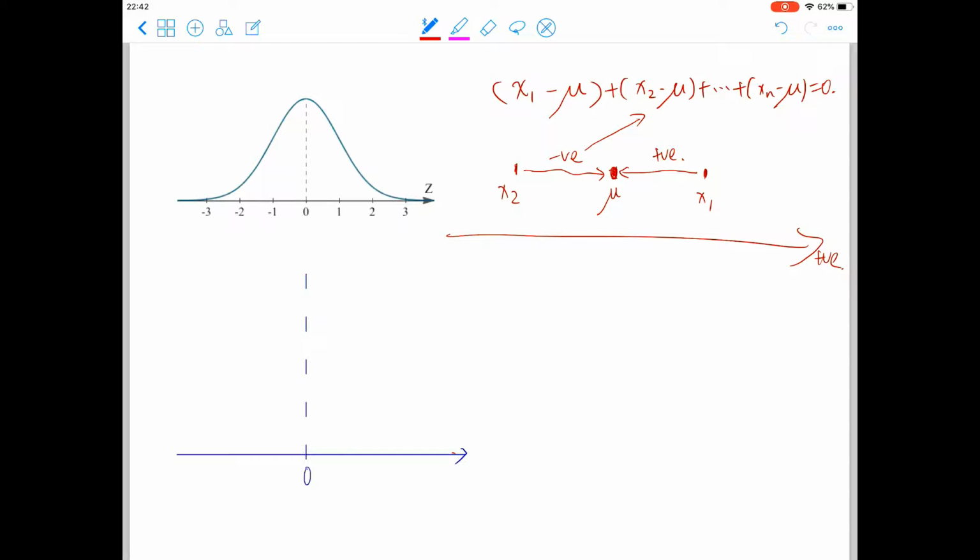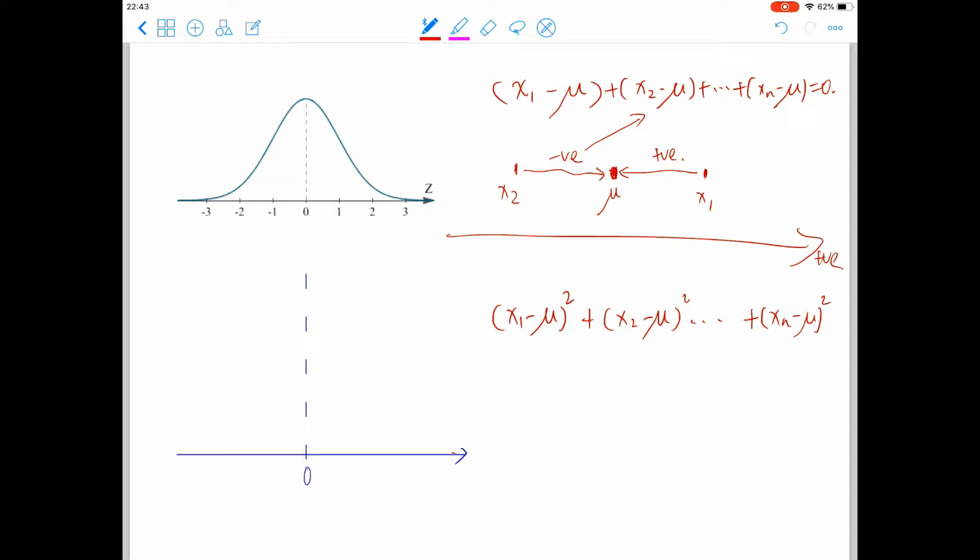Therefore, we need to enlarge the scale and make sure all the differences here are positive. So we get a square here. When I take the square, we can make sure the difference is positive.